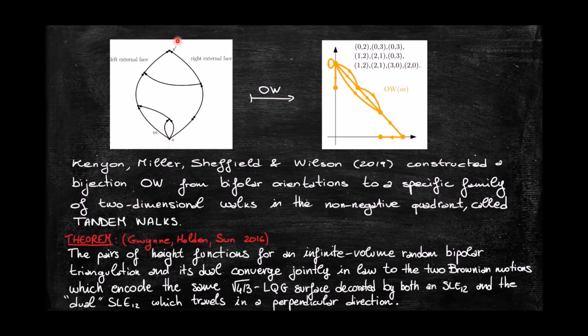Building on this bijection, Gwynne, Holden, and Sun proved in 2016 that an infinite volume random bipolar triangulation, so a bipolar orientation where all the faces have degree 3, converges in a specific sense made precise in their article to the Liouville quantum gravity of parameter square root 4 over 3.